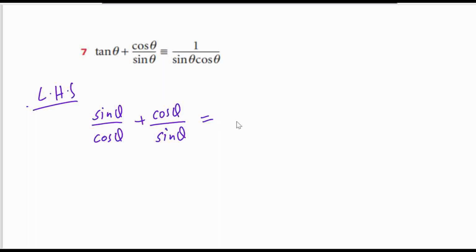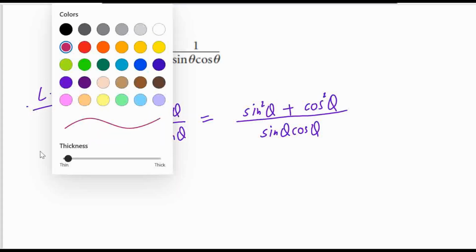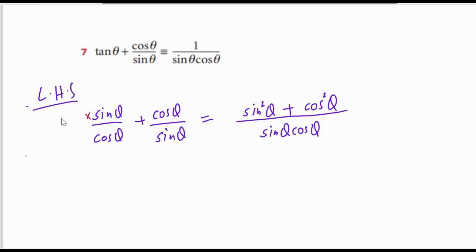Again we have to take the LCM, so this will be sine theta cos theta, and this will become sine square theta plus cos square theta. Because when we take the LCM, we have to multiply this one with sine theta, similarly this one with cos theta, so that the denominator becomes the same.